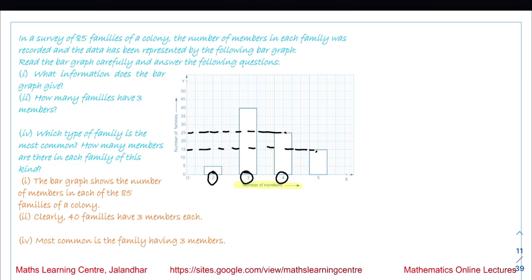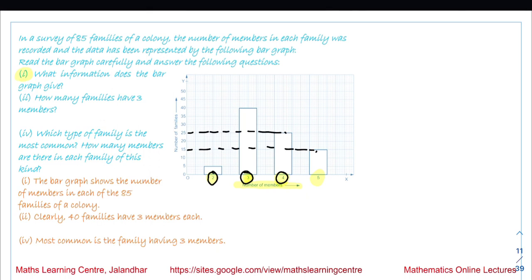Basically, how many families have 2 members, 3 members, 4 members and 5 members. This is the answer for our first part.